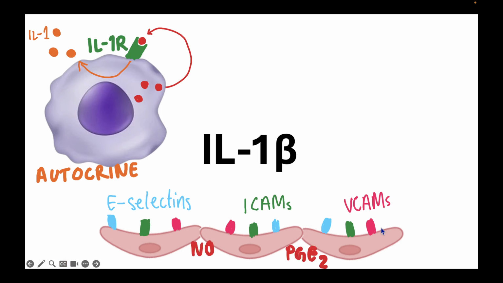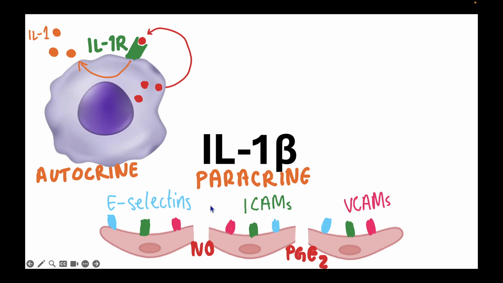It's also going to stimulate the production of nitric oxide and prostaglandin E2, and this is going to lead to vasodilation in the blood vessel, and it's going to make the barrier more leaky. So it's going to make the blood vessel more leaky. And so this is called paracrine action.